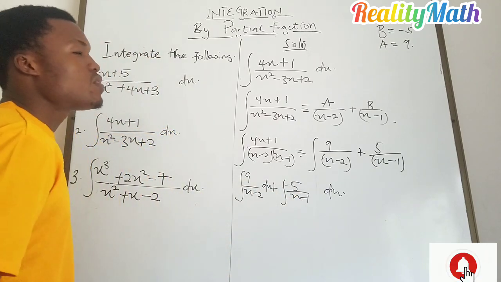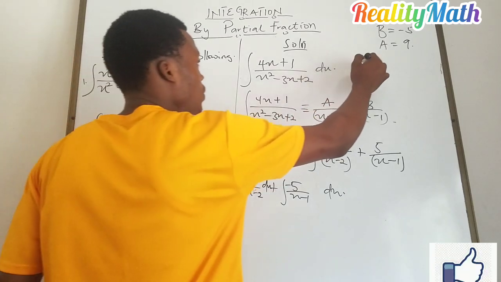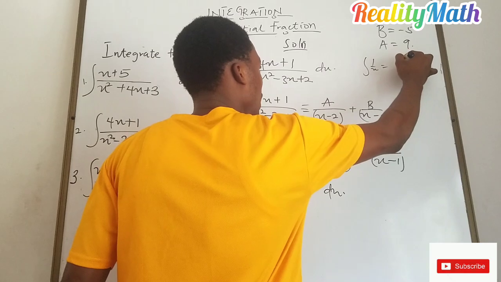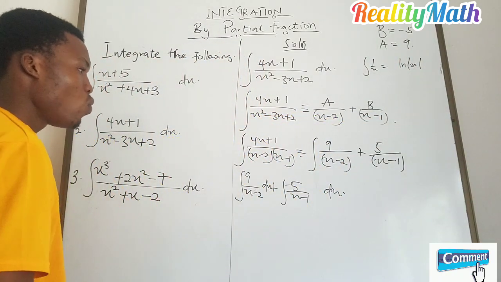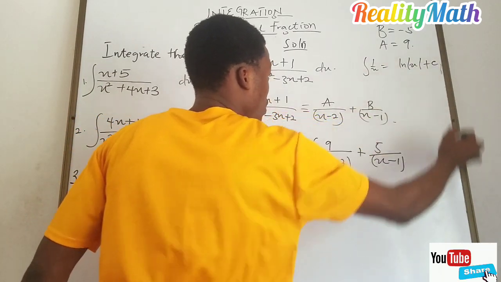From our previous question, we learned that whenever we have the integral of 1 over x, that is equal to ln x. So the same thing applies here, plus some constant c.